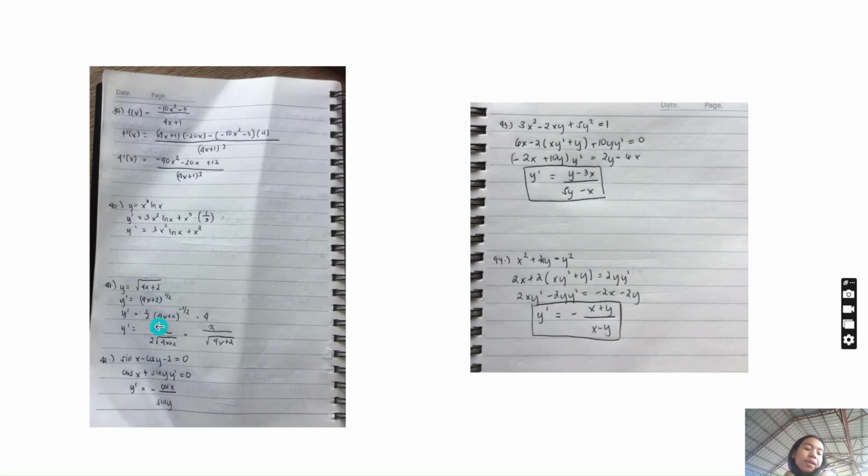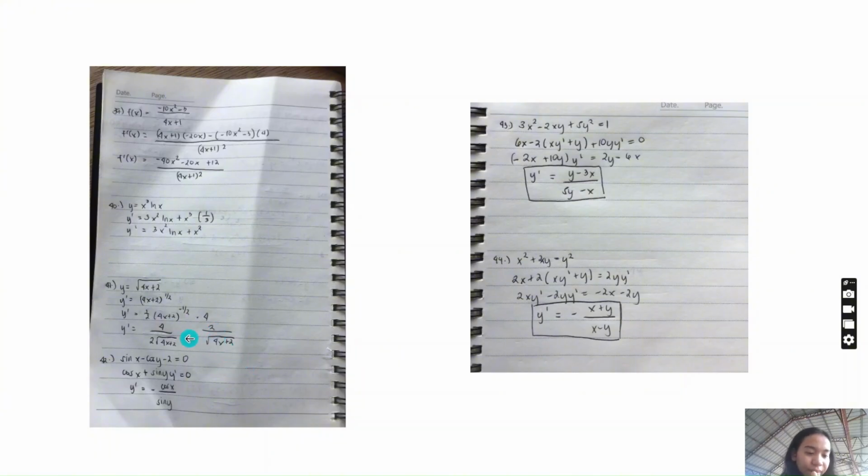It's not visible because it is understood that in this case it always has 1 as its base. So 1/2 times 1, that's 1/2. And then we just copy the inner function. And then we subtract the power by 1. That gives us negative 1/2. And times 4 as the derivative of our inner function. So 4 times 1/2, that would simply be 2.